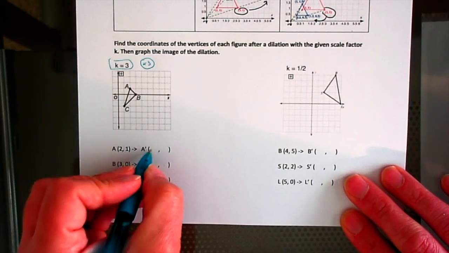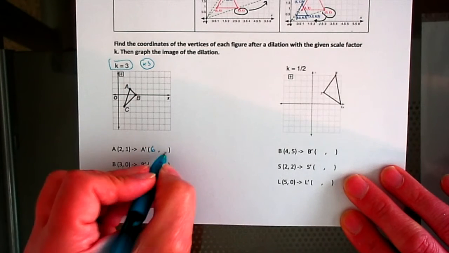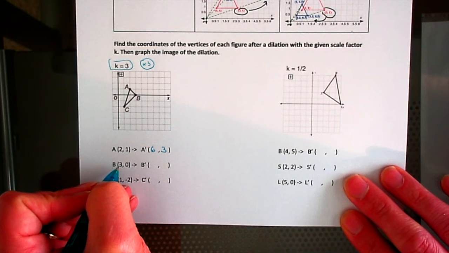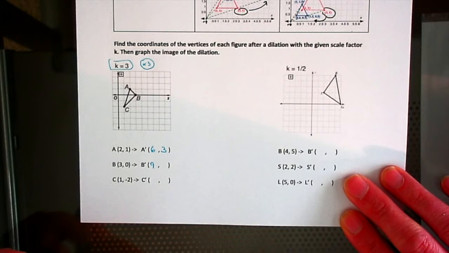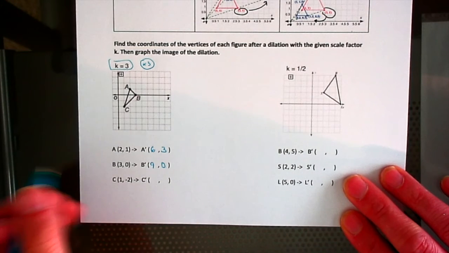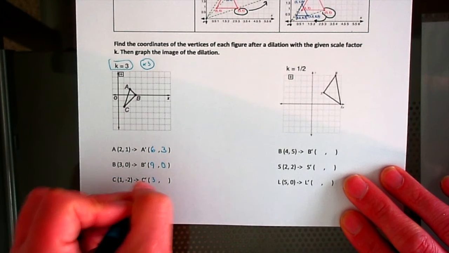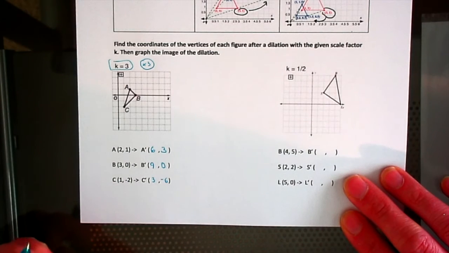So 2 times 3 is 6. 1 times 3 is 3. Do the same thing here: 3 times 3 becomes 9. 3 times 0 is just 0. And then lastly, 3 times 1 is 3. 3 times 2 is 6, but because that 2 is negative, that becomes negative 6.